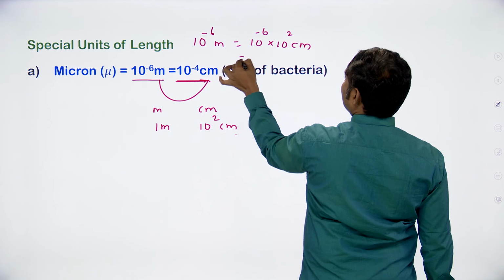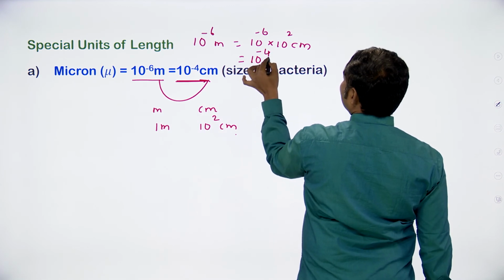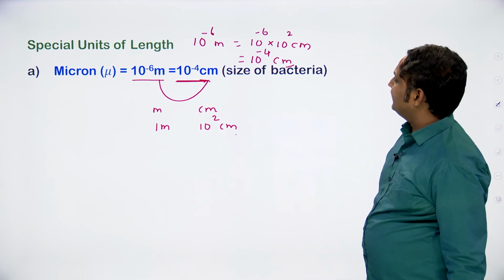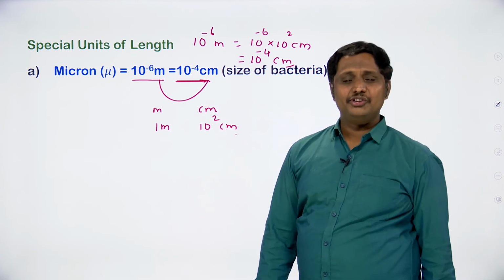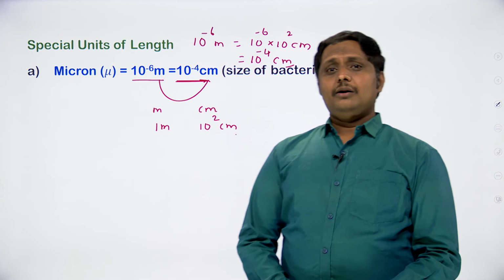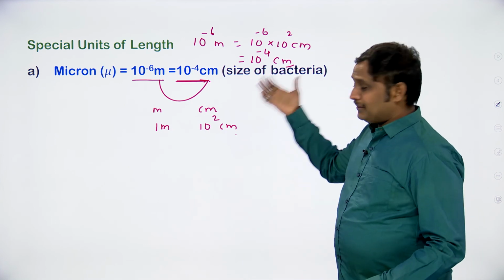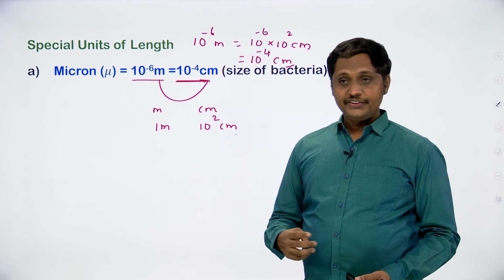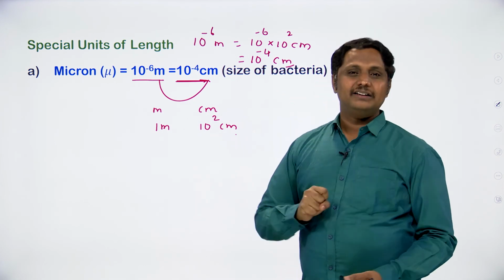It is very clear, you are all getting 10 power minus 4 centimeter. So, you are all getting the size of the bacteria, which is going to be estimated with the help of microscopic study. Yes, all these are going to be identified.